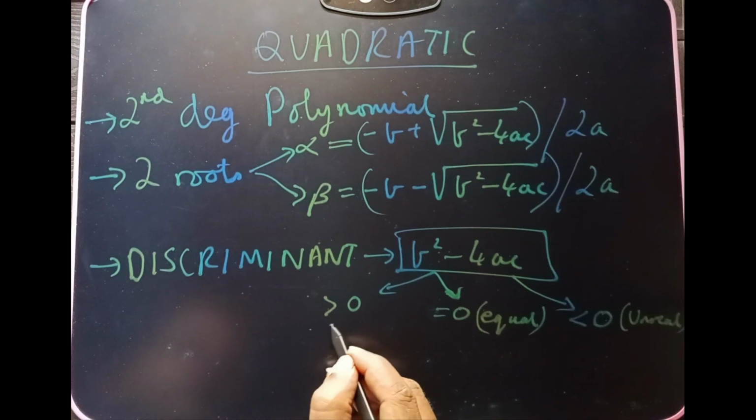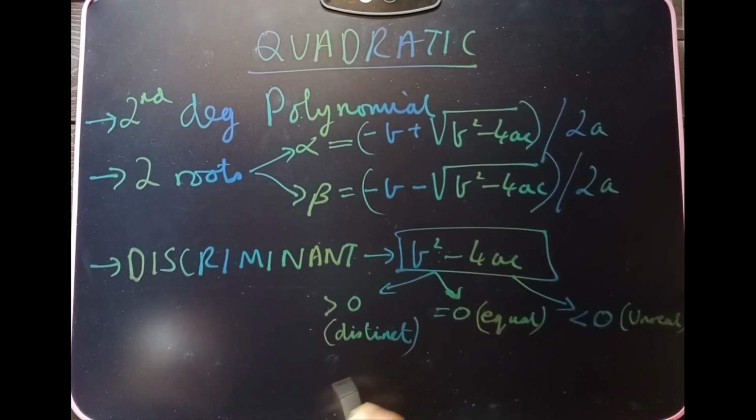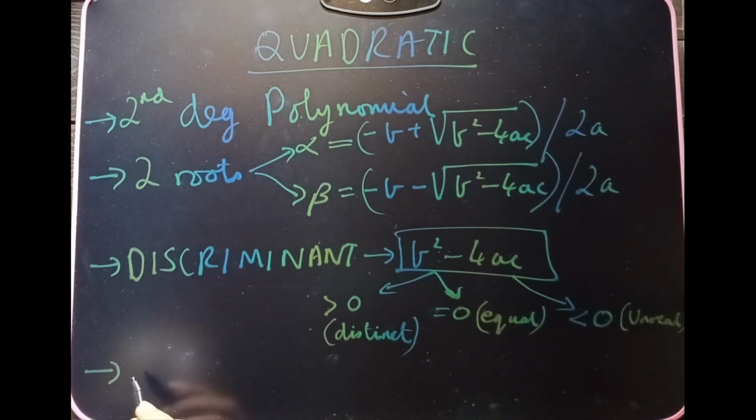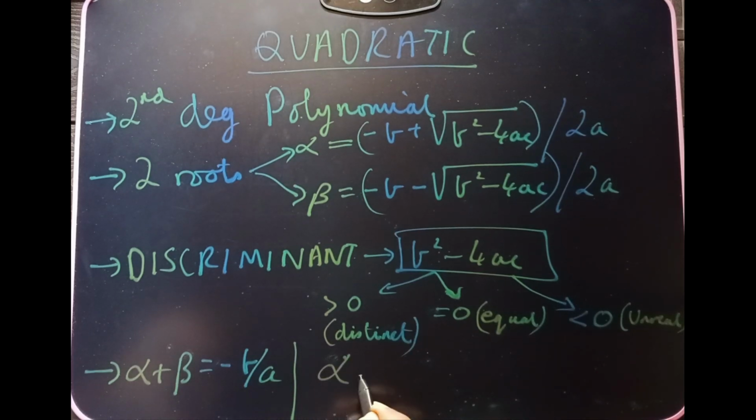And if greater than 0, you'll have distinct roots. Then we have seen special observations: when you add up the roots, you'll get minus b by a, and when you take the product alpha dot beta, you will get c by a.